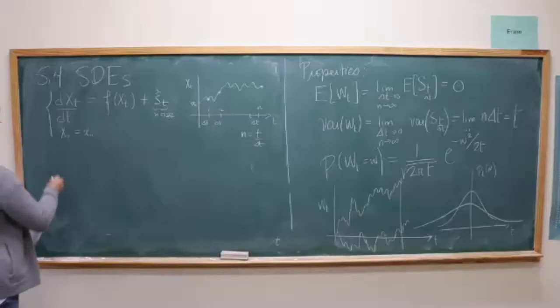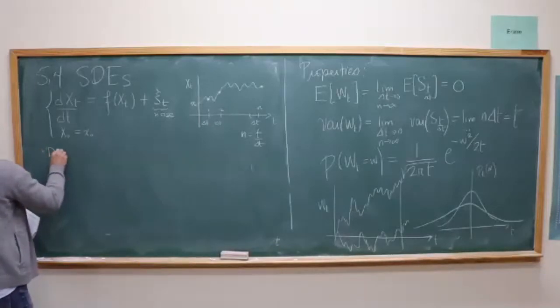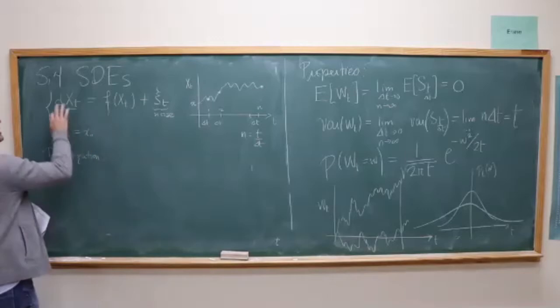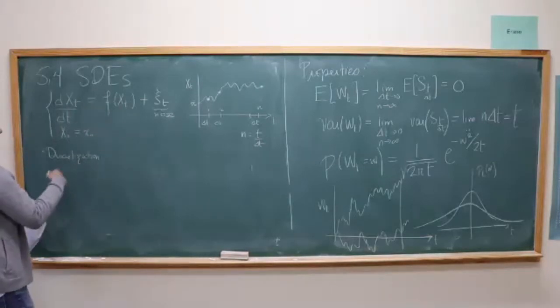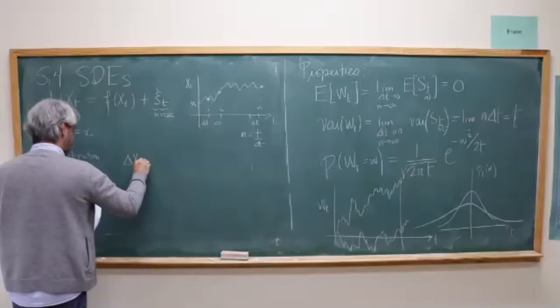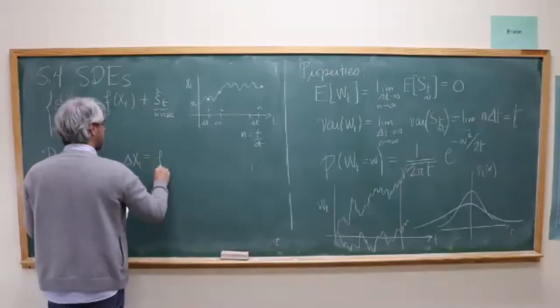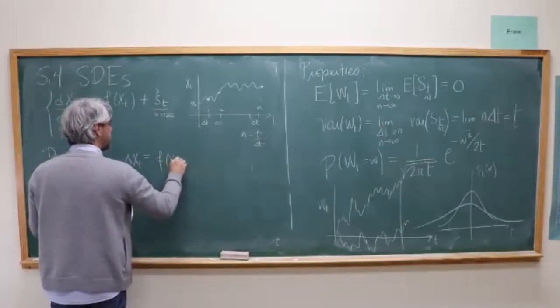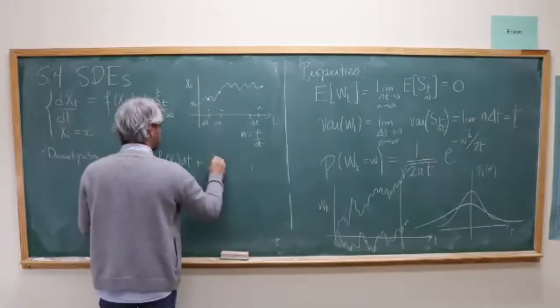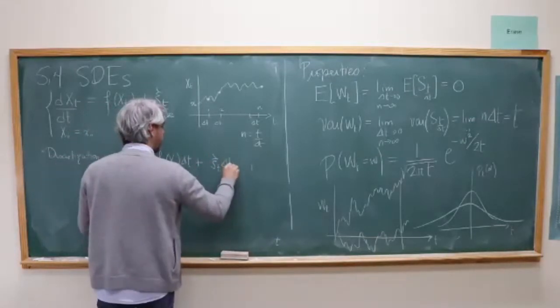Okay, so what does this mean? If I do the discretization, and I think you know this, I take a continuous time differential equation and I get a difference equation. It means that the variation of the process is f(x_t) delta t plus the noise multiplied by delta t. Right?